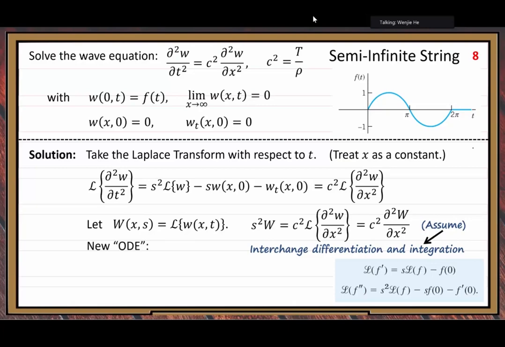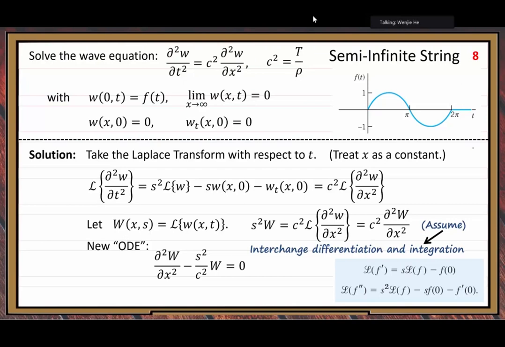Now we have a new ODE this time. Its form is a PDE, but because it is too simple, we treat it as an ODE. This is a second order homogeneous ODE, so we know how to write its general solution.